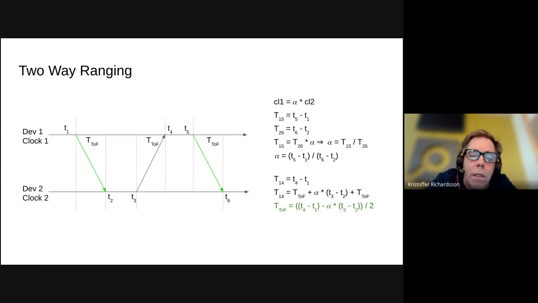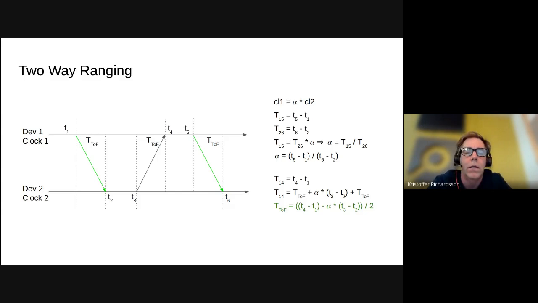So the assumption here is that the Crazyflie moves very slowly compared to the time scale that the packets are transmitted. Like the time between T1 and T5 should not be too long, but it's in the order of milliseconds.